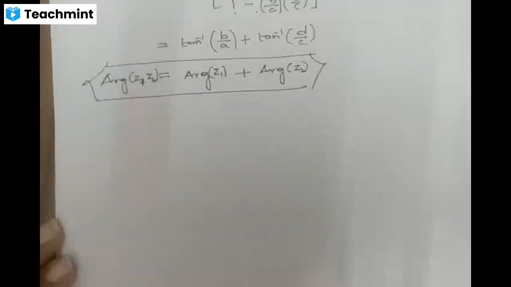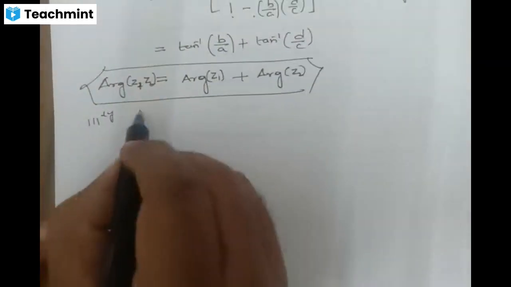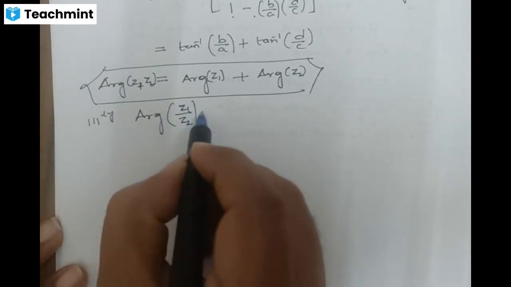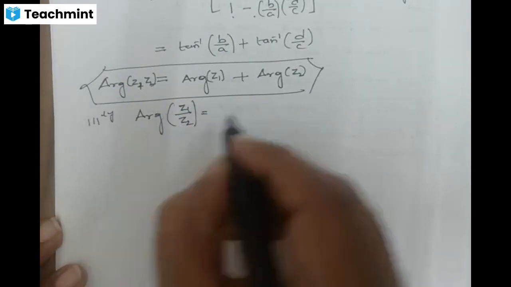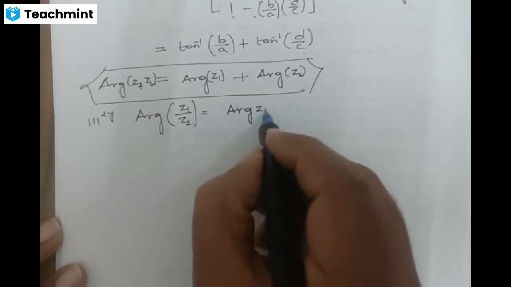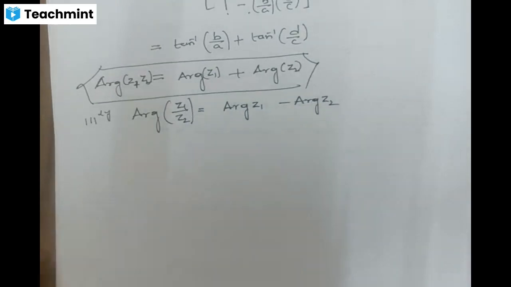Similarly, we can prove that argument of z1 by z2, like log m by n means log m minus log n, is argument of z1 minus argument of z2. Similarly, we can prove this.